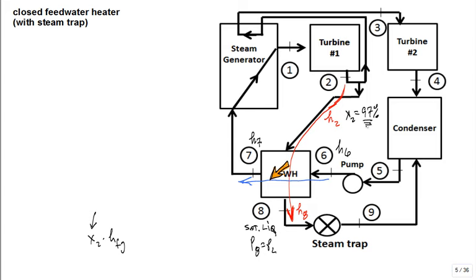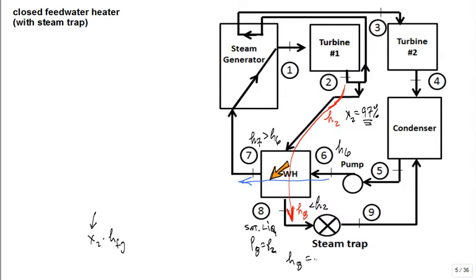Where does it go? Into the other fluid stream. True? Okay. So we already talked that h7 is greater than h6. We already spoke that h8 is less than h2. What is h8 actually? Will that be hf at that pressure? Sure will be. Okay, all right.